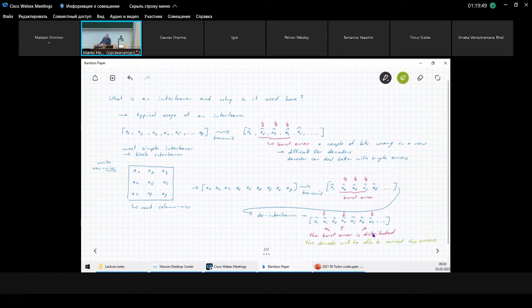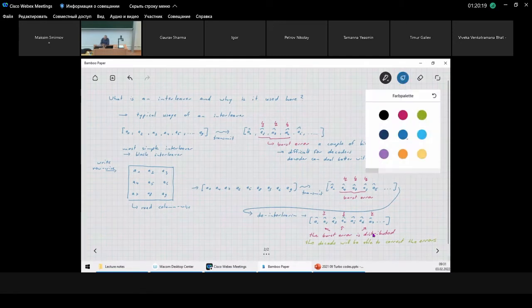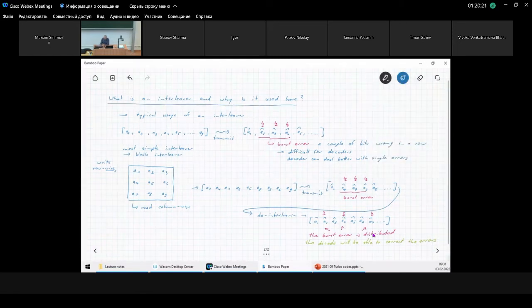You really split up these errors nicely over the whole sequence, and your decoder will do a good job in correcting them. So this is the very basic field of application for interleavers. But here the reason is slightly different. This was the typical usage.